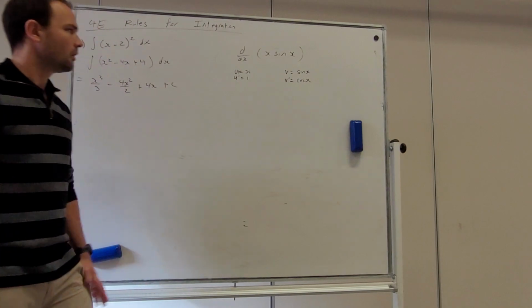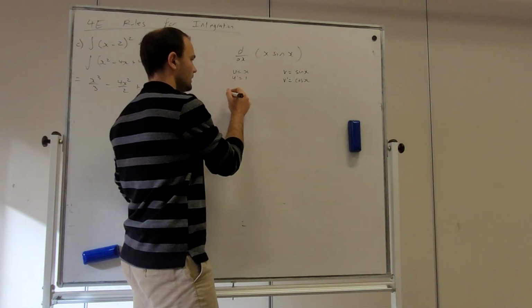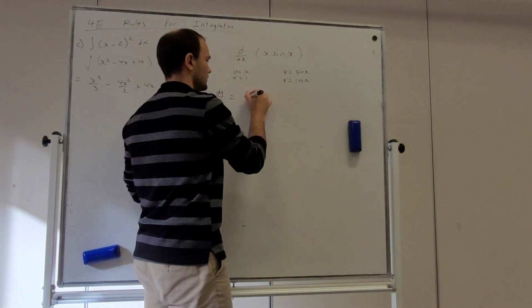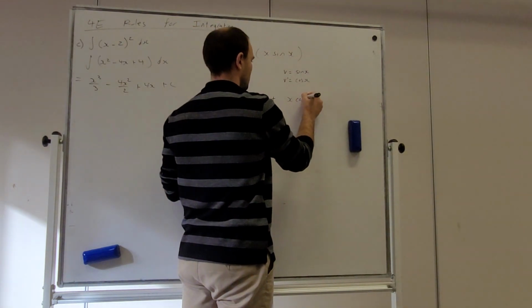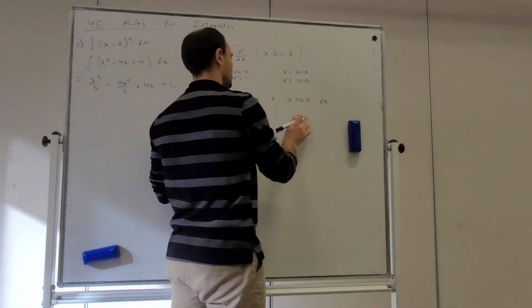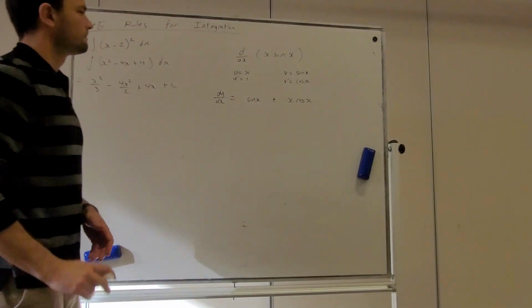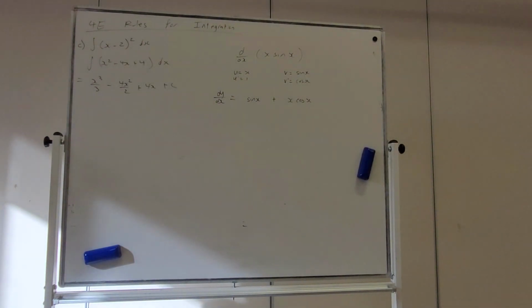Alright, so the derivative of x sine x then is, we'll call it dy dx, u dash v plus uv dash. Okay, so that's the first part.